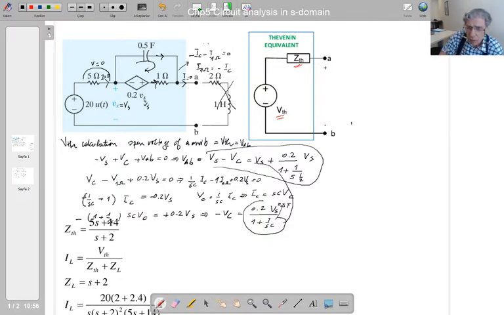A resistor and a dependent source, dependent voltage source 0.2 Vx, and a resistor, 1 ohm resistor, this 5 ohm resistor, and there is a capacitor here.